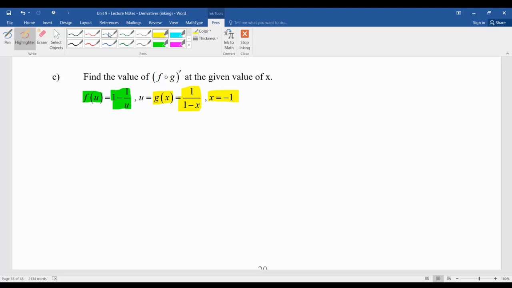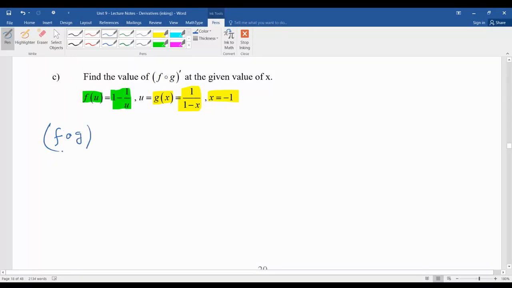To work on this without doing a lot of work, I'm going to take the composition f of g of x first. What is g of x? g of x is 1 over 1 minus x.